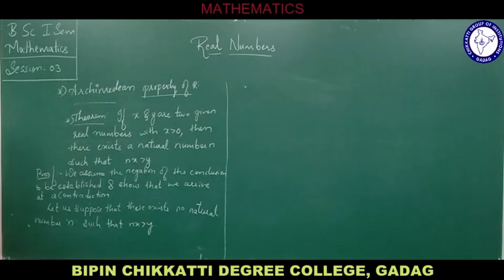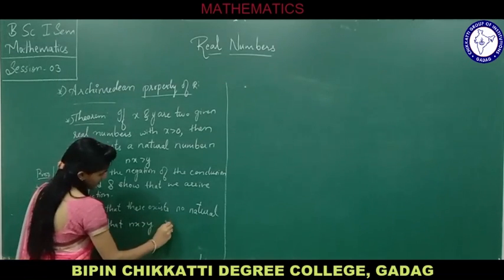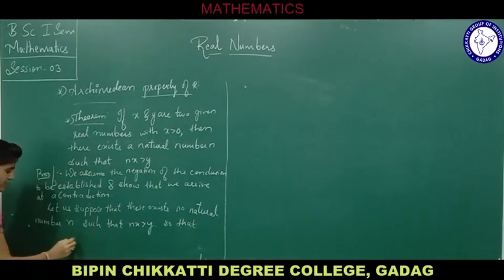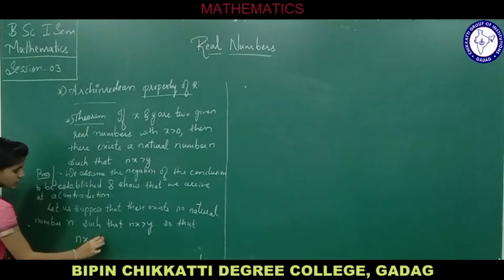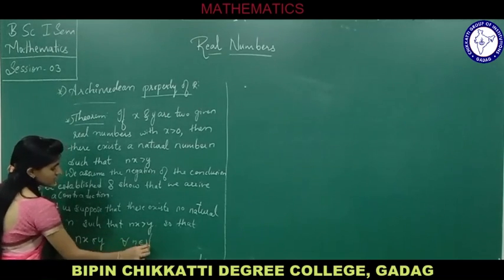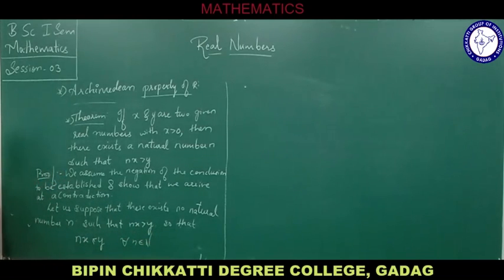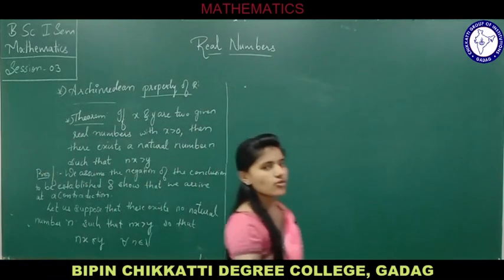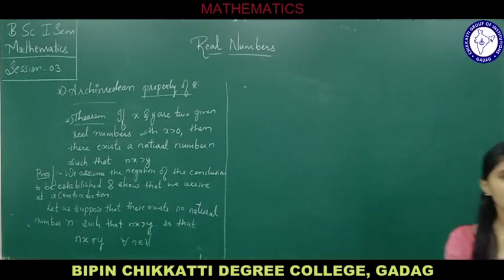Then what is going to happen? If it is not greater than y, then n into x will be less than or equal to y for all n belongs to this set of natural numbers.